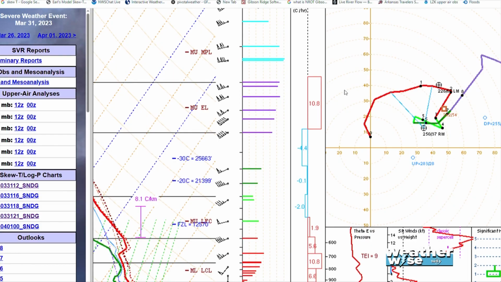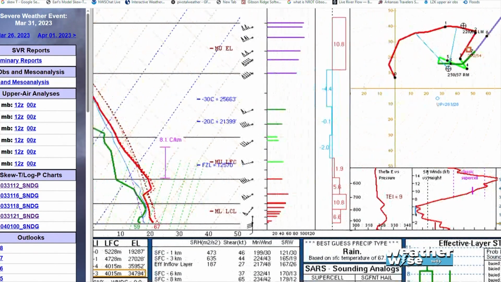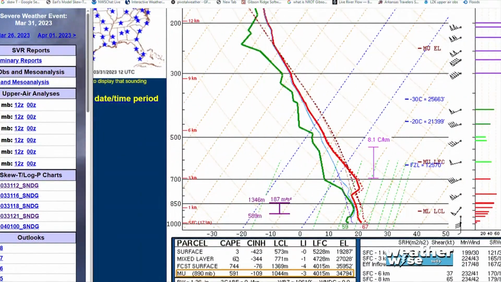This is something that's very concerning to a meteorologist looking at this hodograph because it is a curved hodograph. Even though right now it doesn't look like much because your CAPE is at 3, this inversion is going to disappear as the temperature warms from 67 to much more significant.